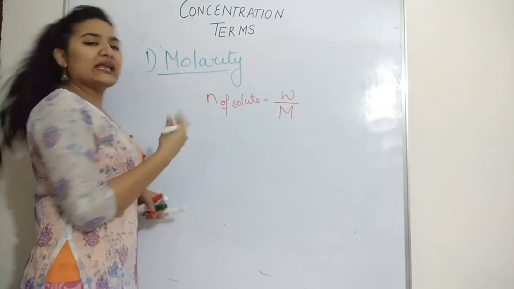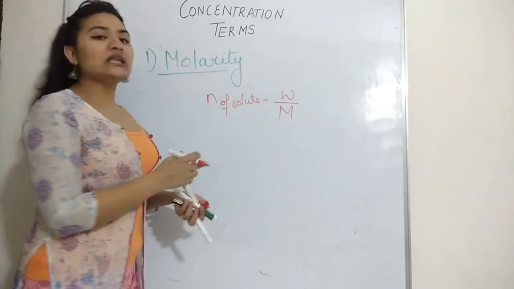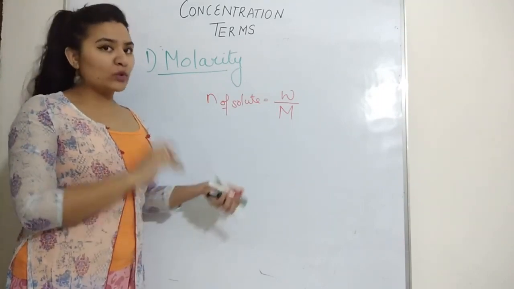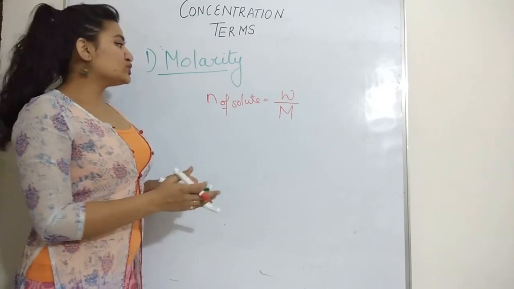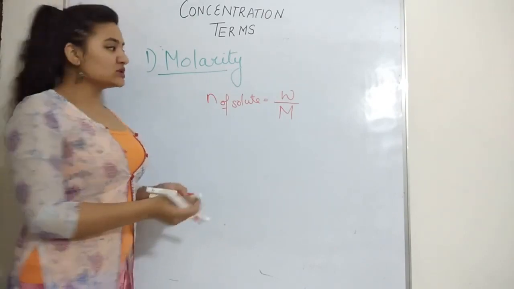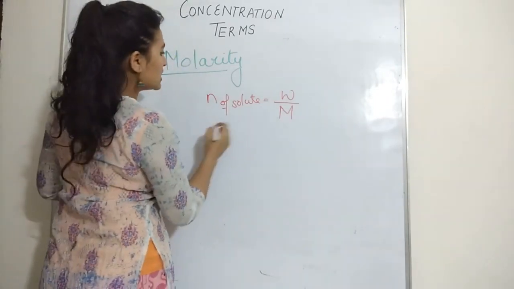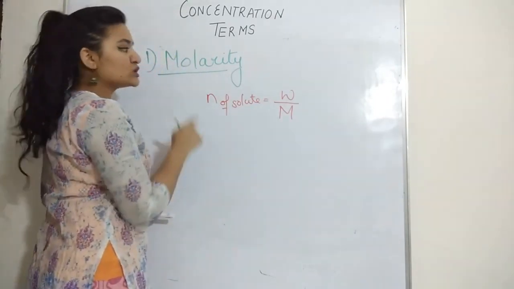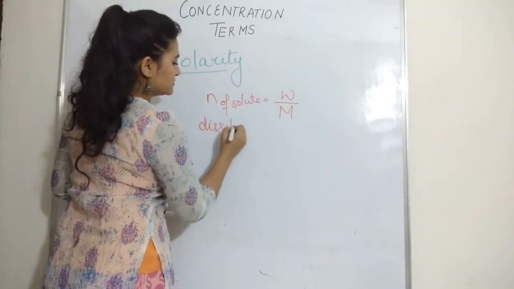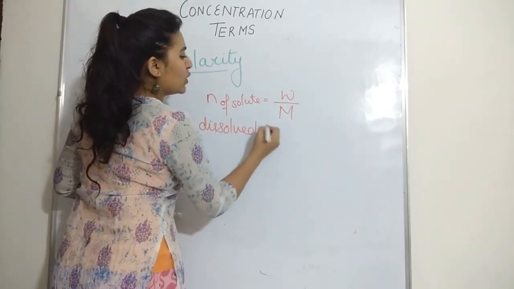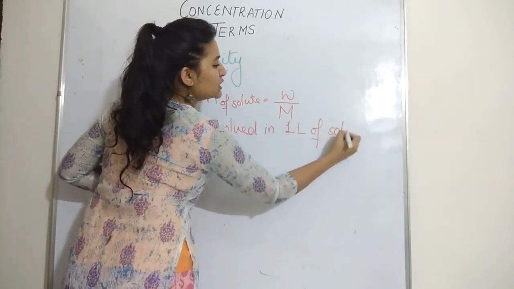Small w is any mass, given mass or unknown mass. Capital M is the known mass. You have already learned this in mole concept. Capital M, which is the molar mass of the solute. Now this can also be written as n, the number of moles of solute dissolved in 1 liter of the solution.